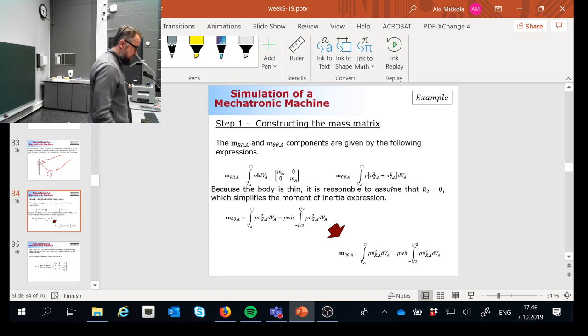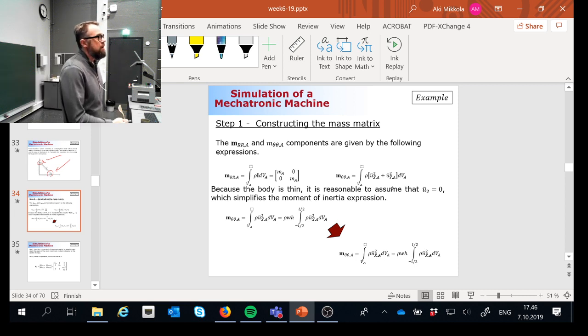So first we're going to construct the mass matrix. We could do this in a very sophisticated way, taking volume integrals over the volume of the body, or alternatively, we could simply use the pre-calculated tables.